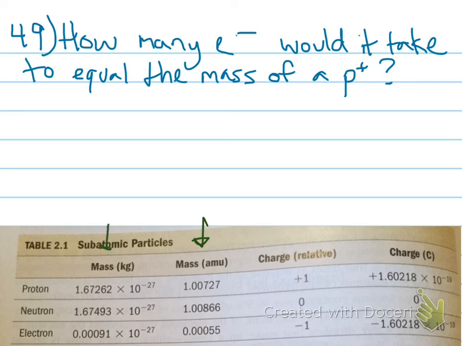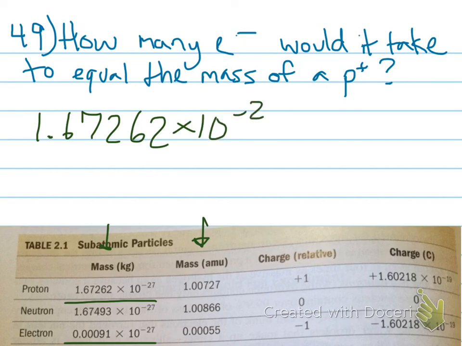We're looking at our mass column. So if we have one proton has this mass and one electron has this mass, to figure out how many electrons are per mass of the proton, all we're going to do is we're going to take the mass of one proton and we will divide it by the mass of one electron.